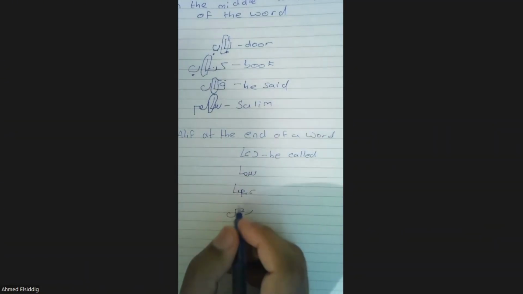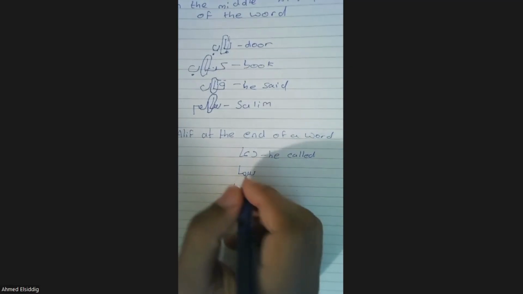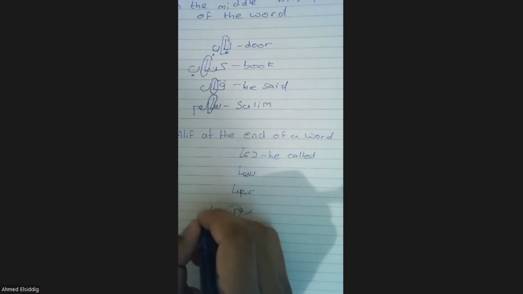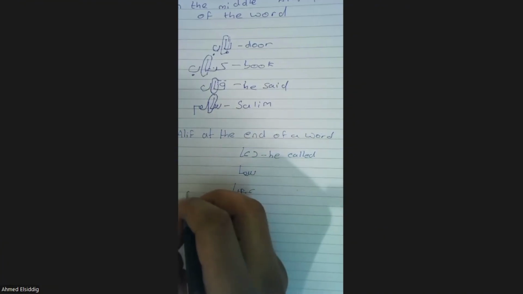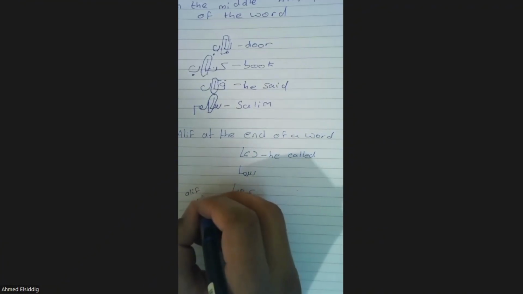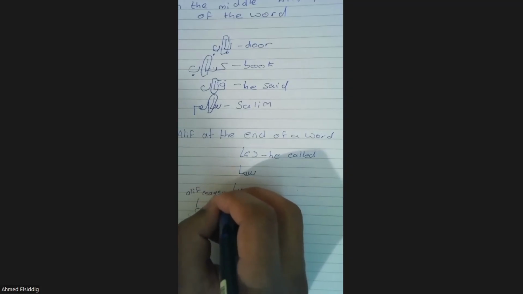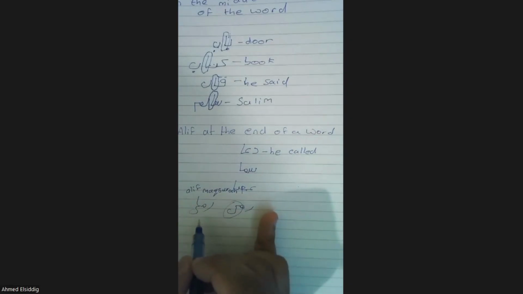Right? Obviously, you see a kind of weird letter here. How can alif be in this form? Alif can also be in this form in certain conditions, and this is called alif maqsura. Alif maqsura, which basically sounds like alif but looks like a ya.